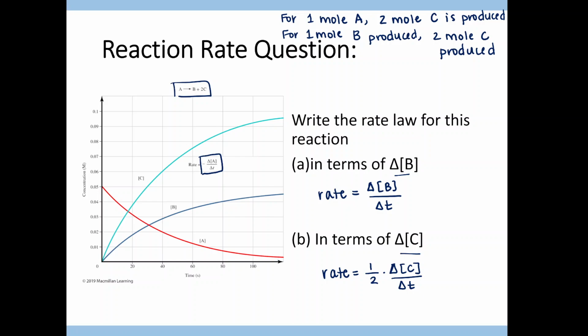And to do so, you measure the concentration of one product over time. As long as you know the concentration of one product, or even if you choose the reactant, that's fine, and you know the balanced chemical equation, then you can calculate the rate for the entire reaction. So that's why we write rate laws in terms of individual reactants or products.